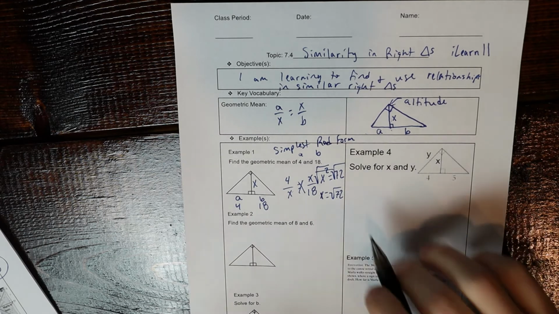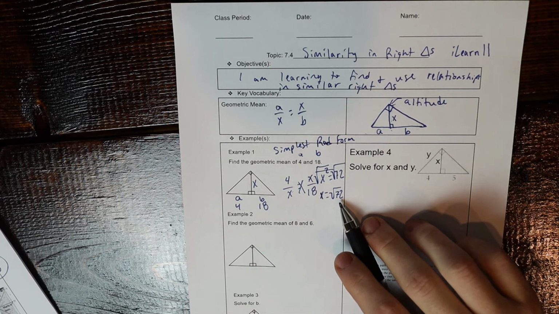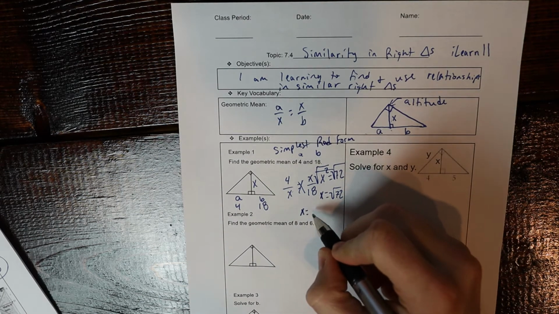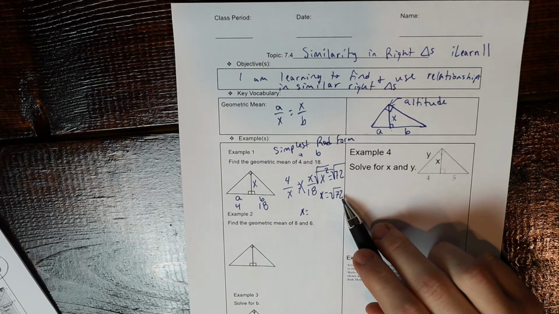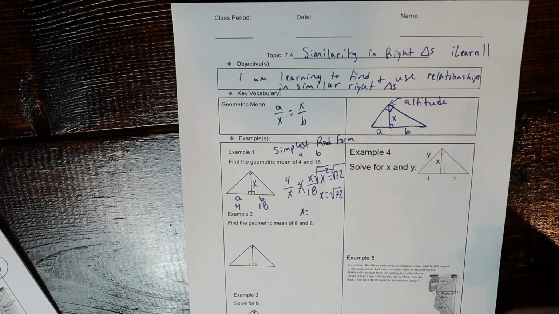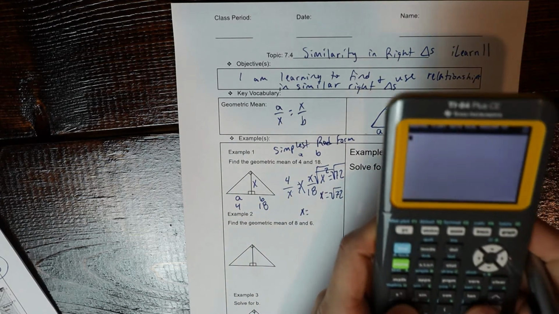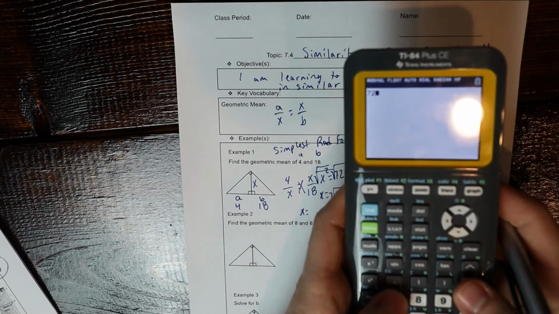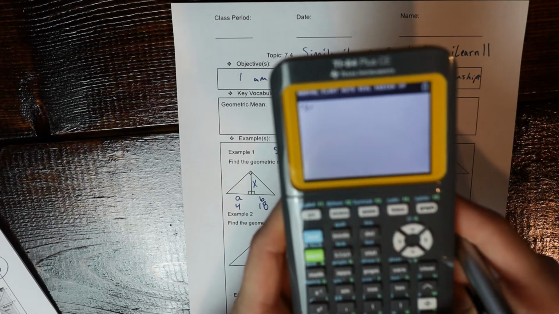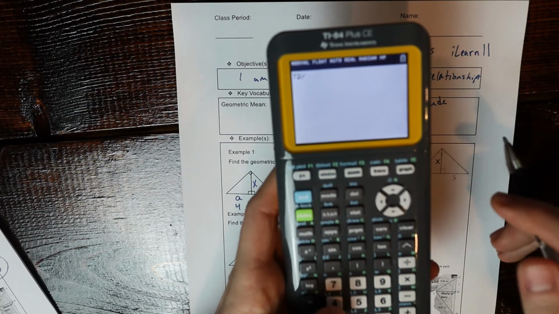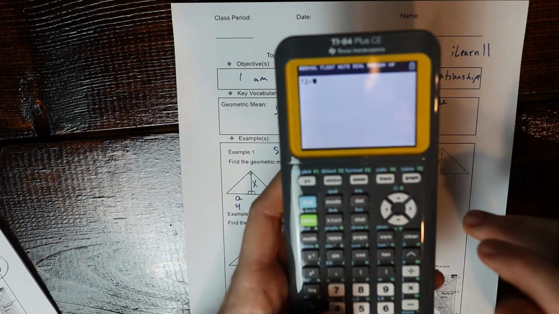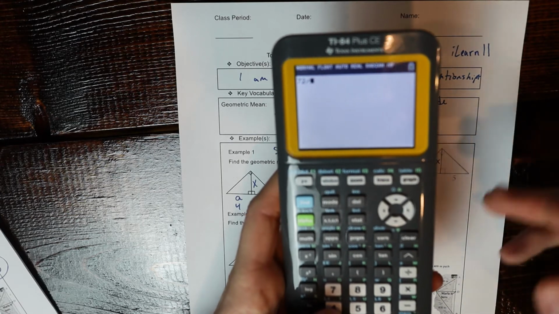After you have that, you could either do the homie method, or the shortcut is the largest perfect square that goes evenly into 72, and then whatever you multiplied by that largest perfect square to get 72. So what I do in the calculator is I take 72 and divide it by perfect squares. So for instance, 1 times 1 is 1, 2 times 2 is 4, 3 times 3 is 9, and so on.